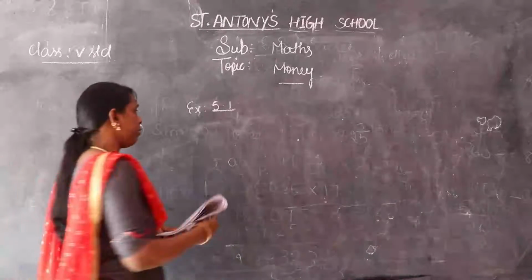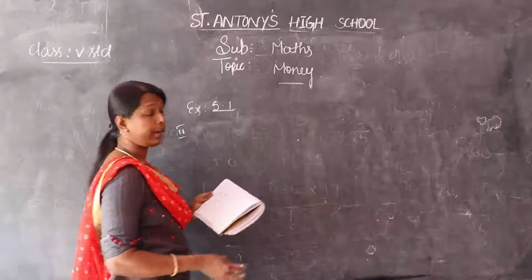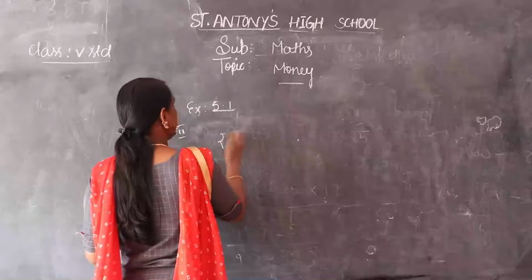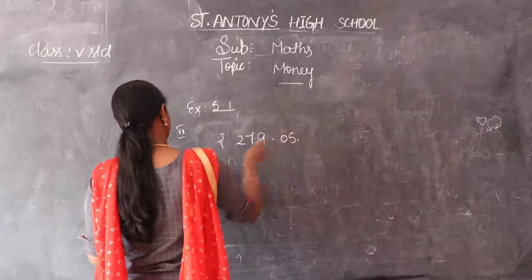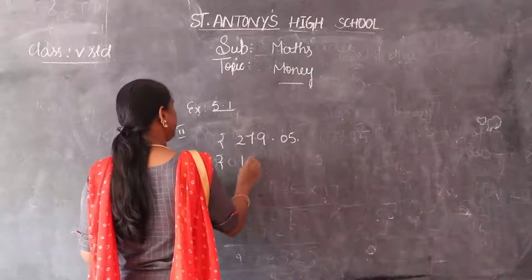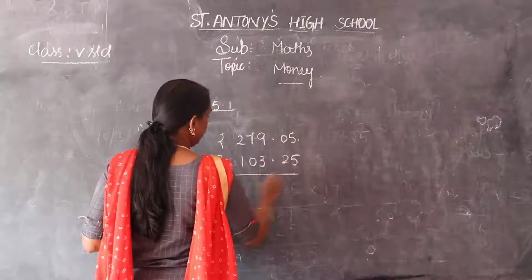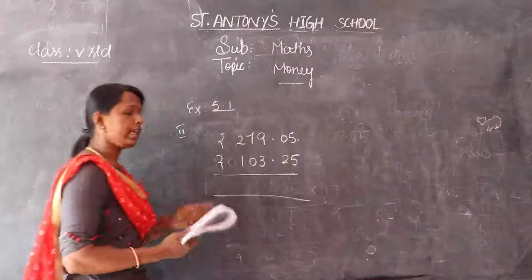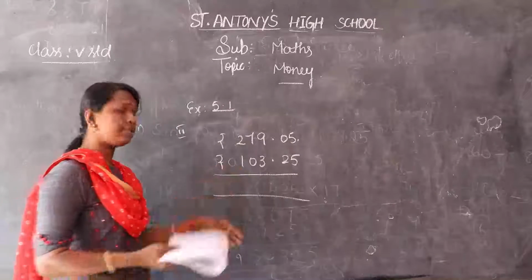Okay, first we have to do what? Add first rupees 279.05 paisa to 103.25 paisa. First we have to add these and then subtract rupees 95.80 from this total.